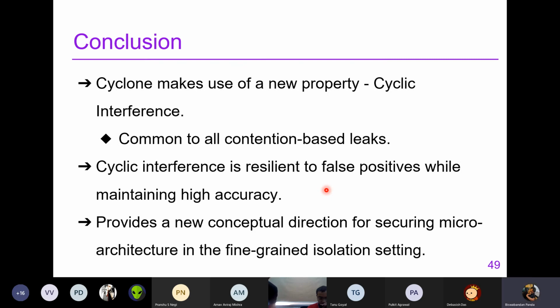Agree. I'm not saying that it's not, but because it's threshold driven, I can always come up with a bit slower attack code, which can still do a contention based attack without being detected by Cyclone.